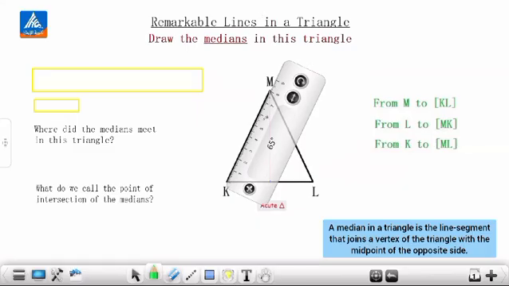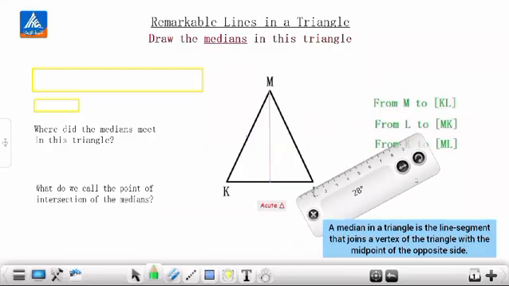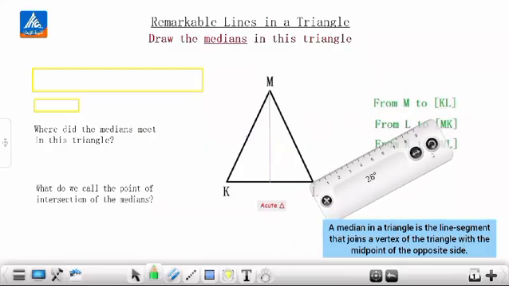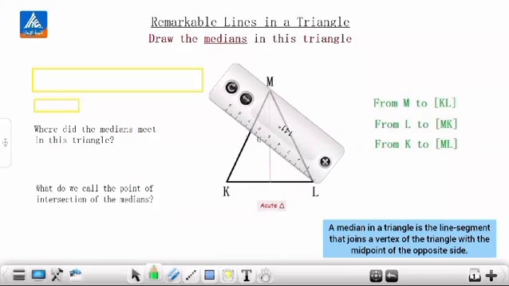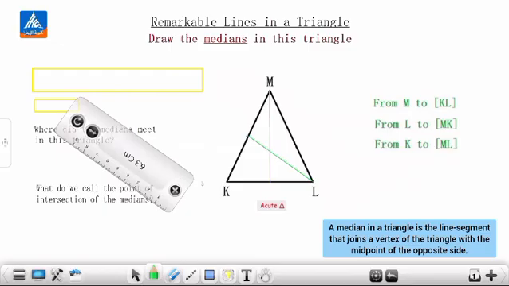So, this is the midpoint of MK. Now, with the centimeter ruler, join the vertex L and the midpoint of MK. I will get median 2, the second median.